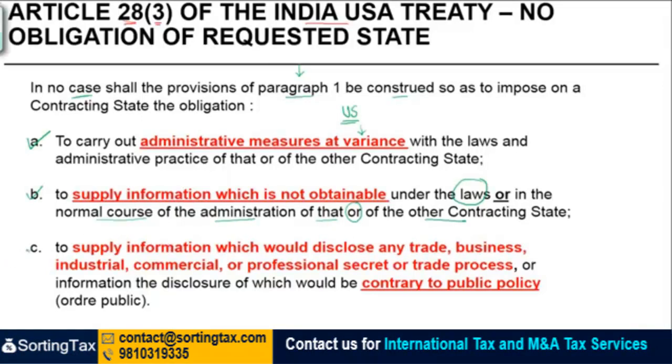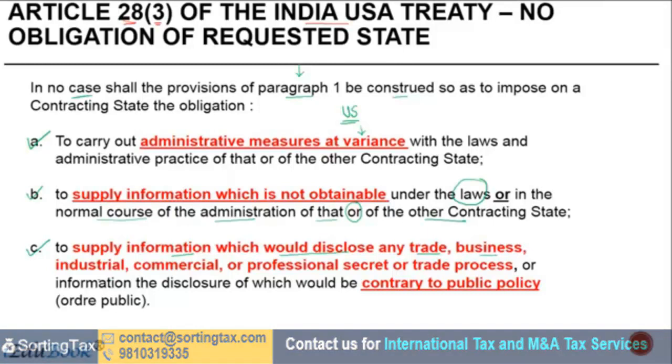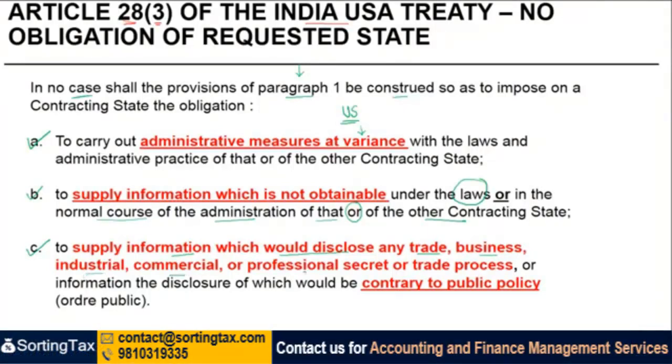And the third, to supply information which would disclose any trade, business, industrial, commercial, or professional secret or trade process, or the information the disclosure of which would be contrary to public policy.